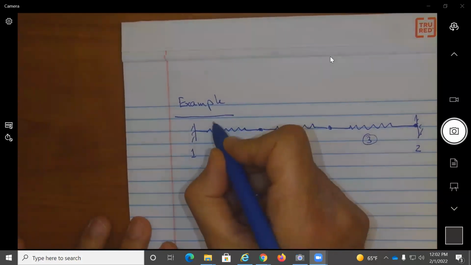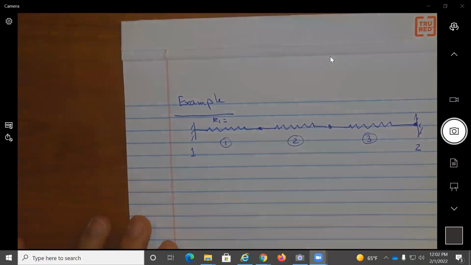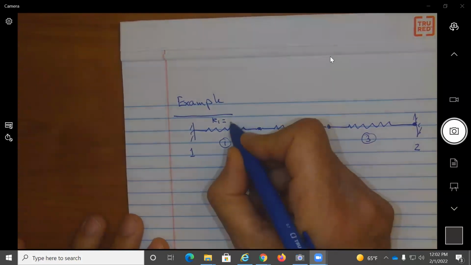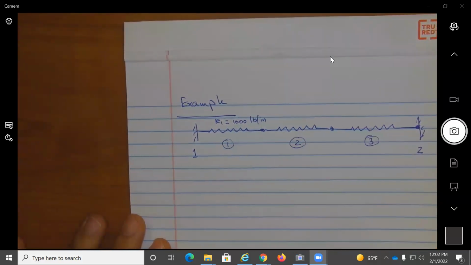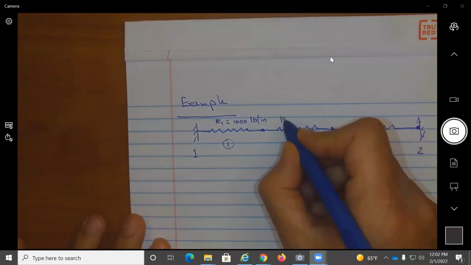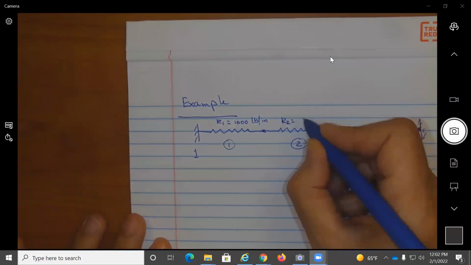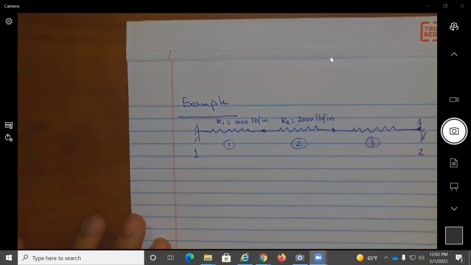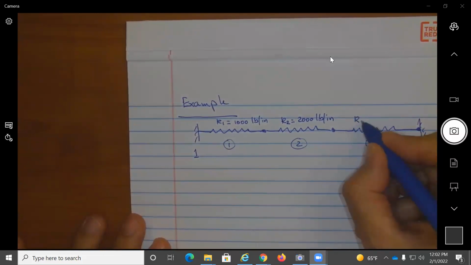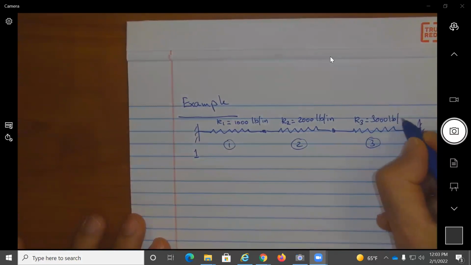Element 1 has a spring stiffness, K1, equal to 1,000 pounds per inch. Element 2 has a spring constant of 2,000 pounds per inch. And element 3 has a K3 of 3,000 pounds per inch.